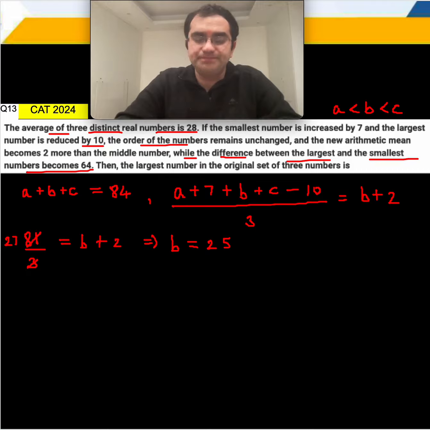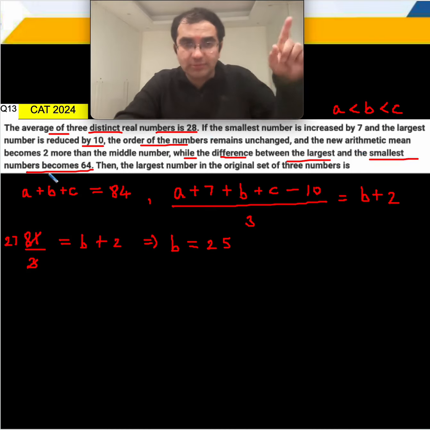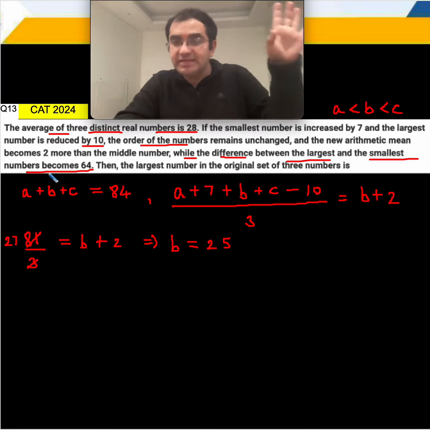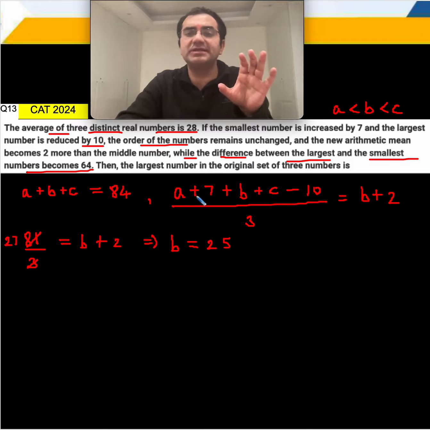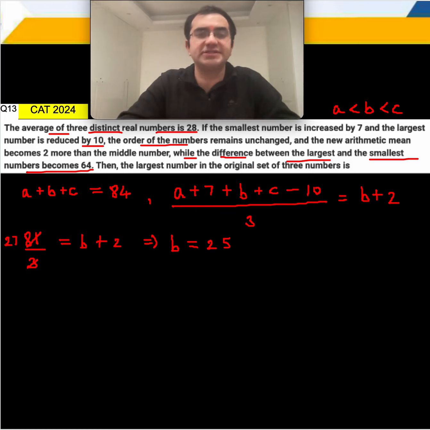Then the difference between the largest and the smallest is in the same sentence: largest is C minus 10, smallest is A plus 7. Their difference is 64. Okay. So from here we get A plus C, 84 minus 25 is 59.